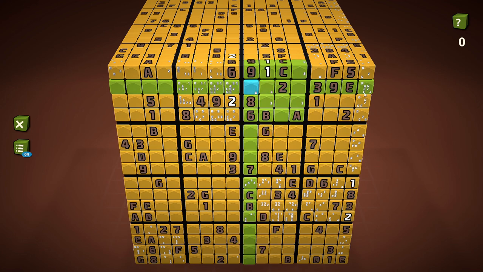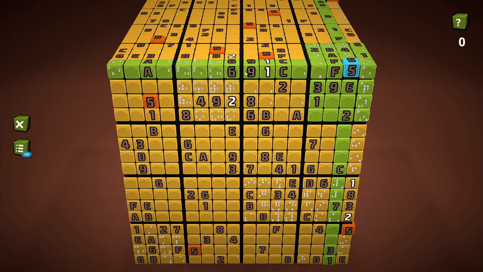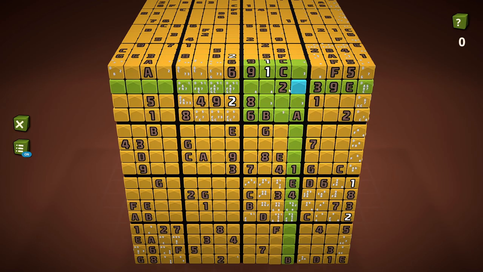So that can't be a 4 anymore. 5. No, and no. But any of these others could be a 5. There's a 6. Where do we go? 7. No, no. 8, 9.